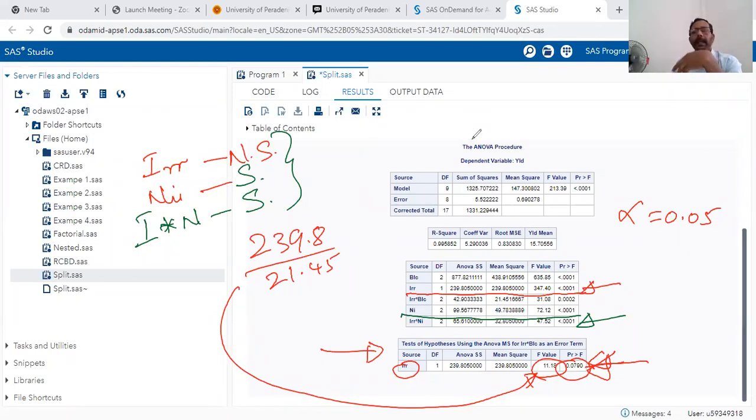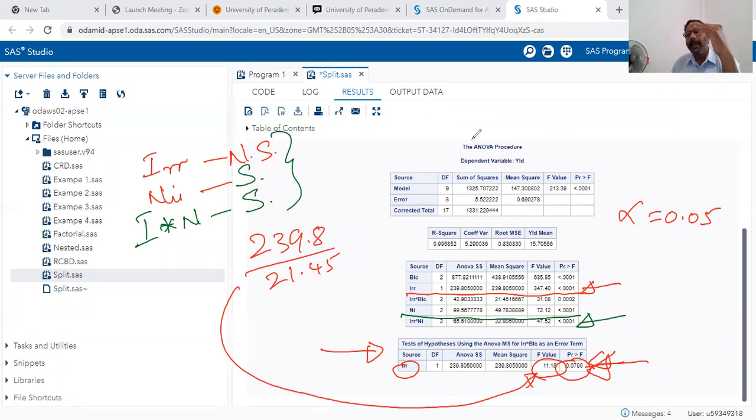Then again, the mean separation is the same as the factorial concept. For each irrigation, we separate which nitrogen is better. For each nitrogen, which irrigation is better. So either way is possible.